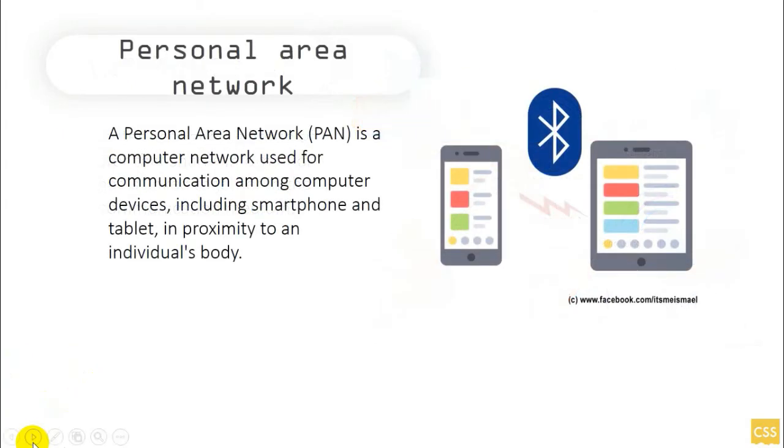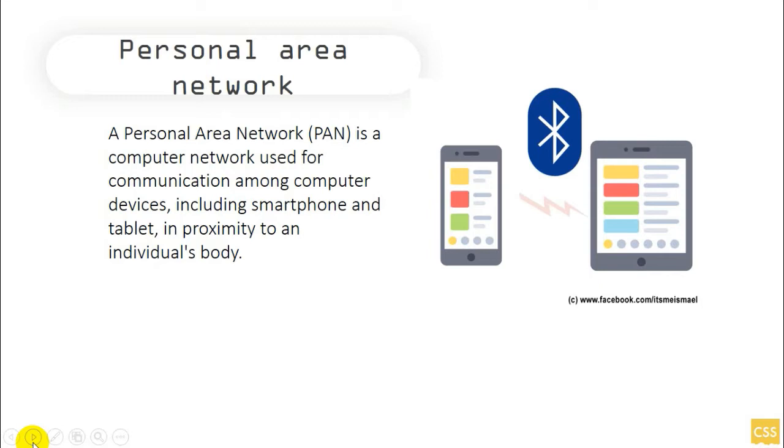Let's start off with the personal area network, or PAN. This is a type of network used on a personal level. We could use smartphones, tablets, laptops, and it could be used wirelessly or wired.